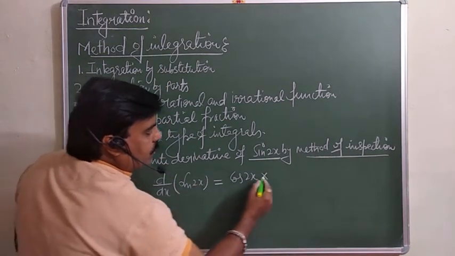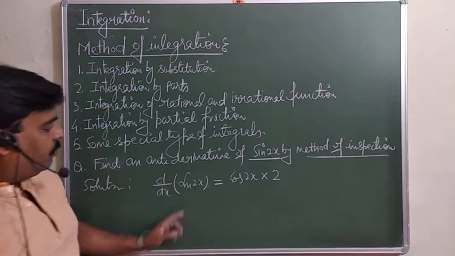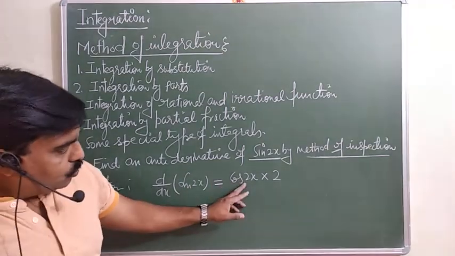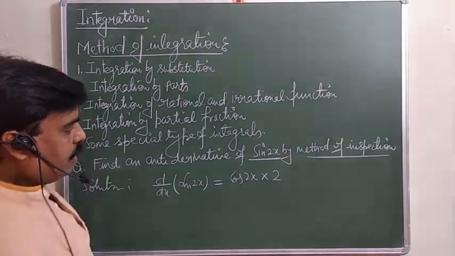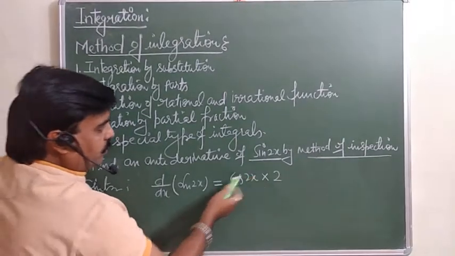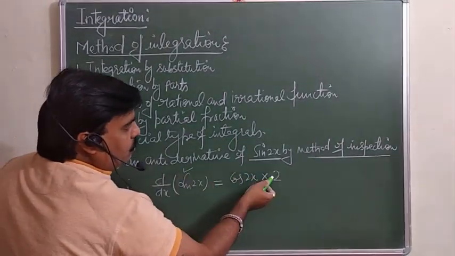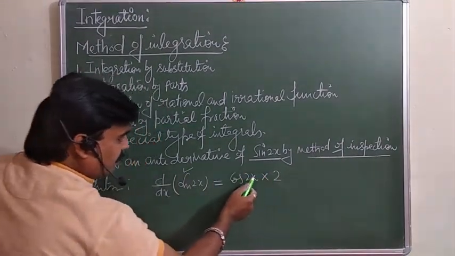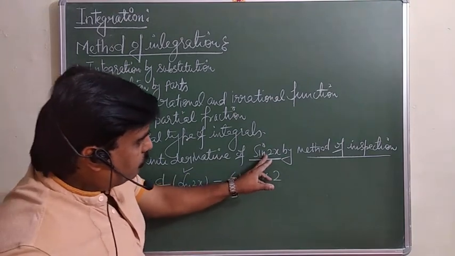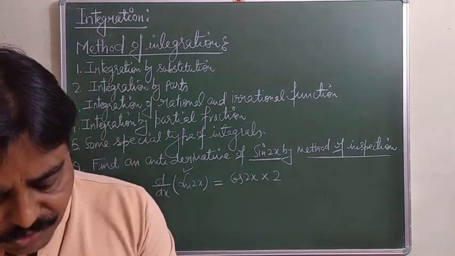The derivative of sin 2x is cos 2x, and again the derivative of 2x is 2. So d over dx of sin 2x is cos 2x into 2. But we want the antiderivative of sin 2x by the method of inspection.